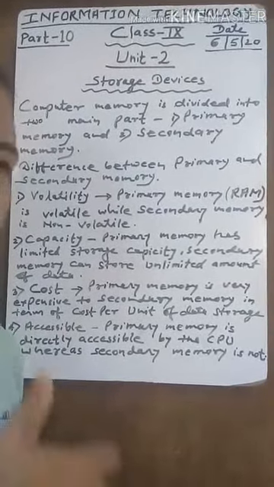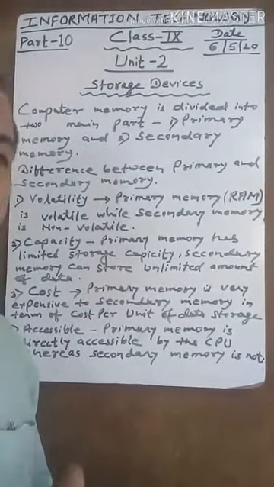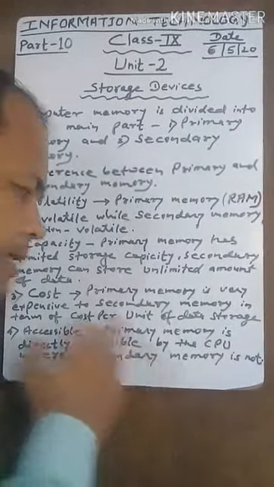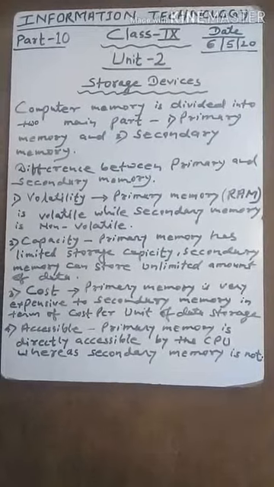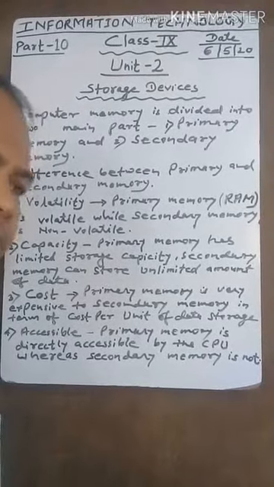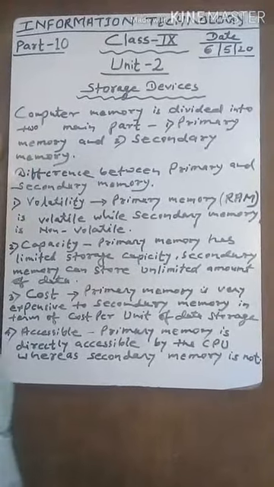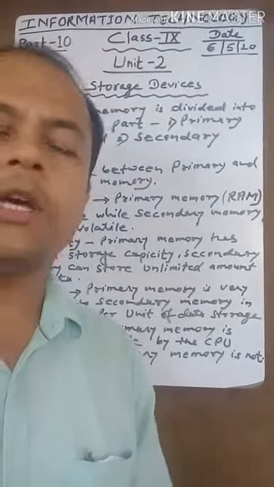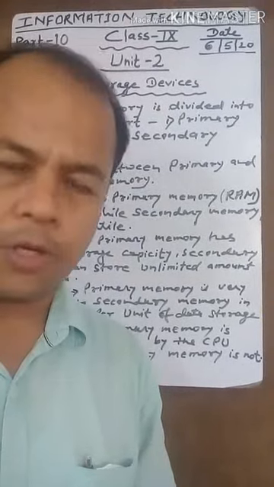That's why the speed of the primary memory is much faster than the secondary memory.